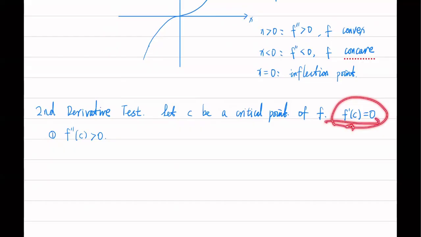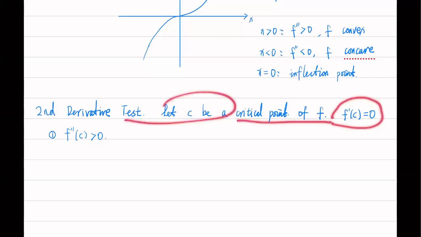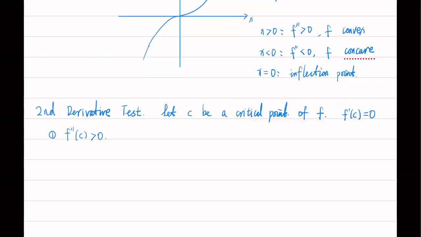The tangent line. So what can we say about the tangent line to the graph at this critical point? The slope is 0. It must be a horizontal line. Okay, so the horizontal line, the second derivative is positive.